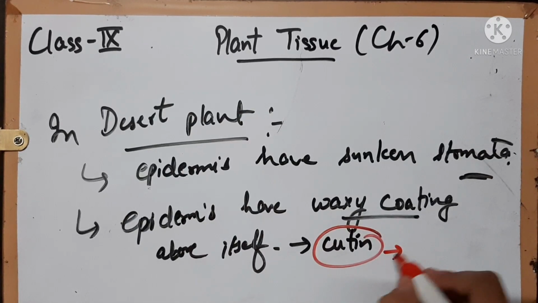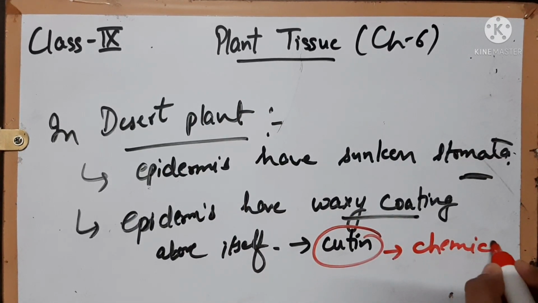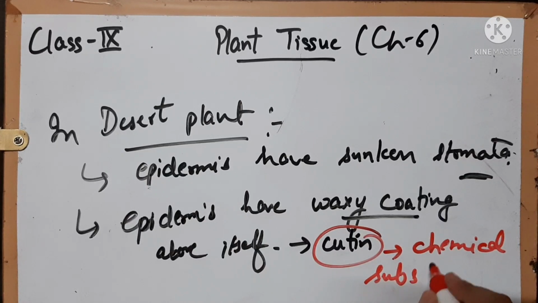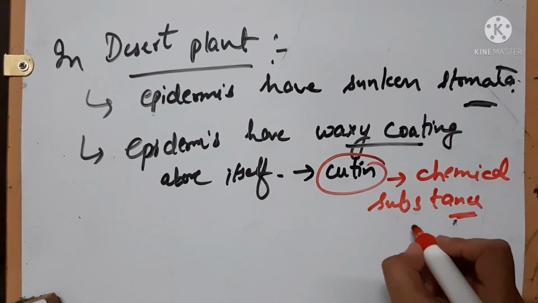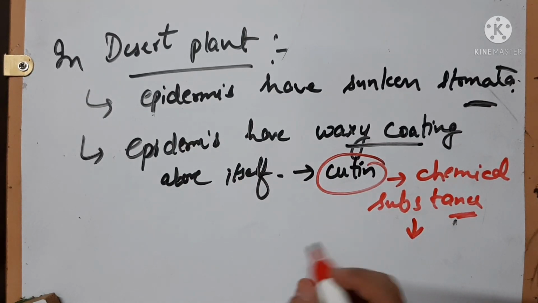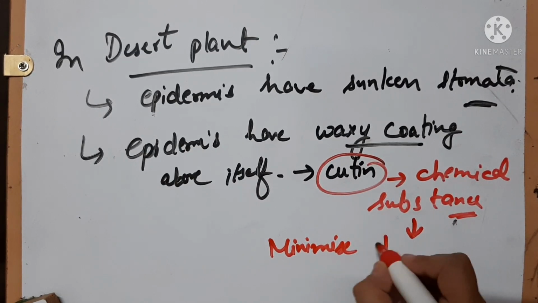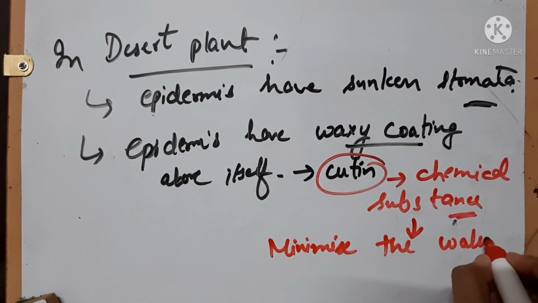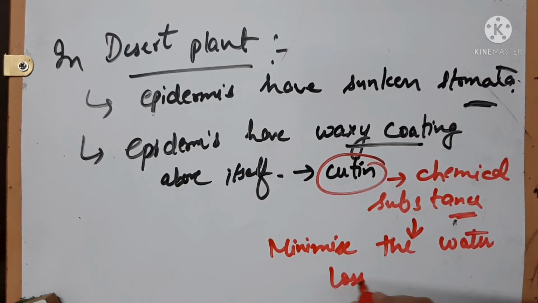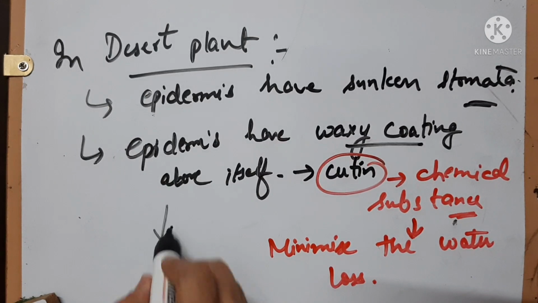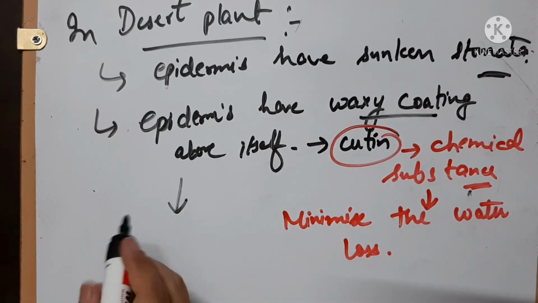It is a chemical substance that will prevent the loss of water. That will minimize the water loss from plant parts. So when the cutin is present on the epidermis, that epidermis is called the cuticle.